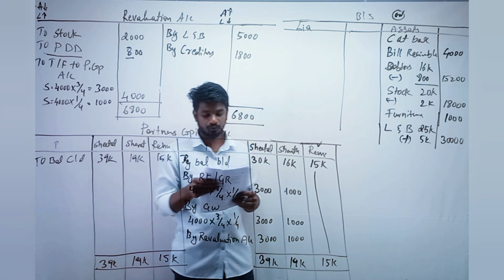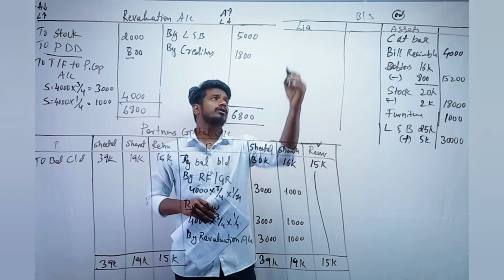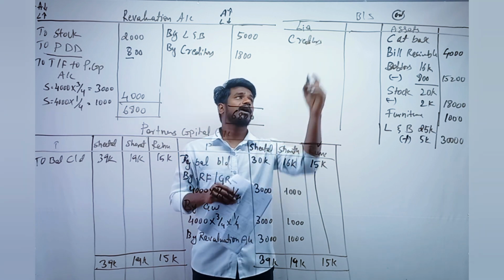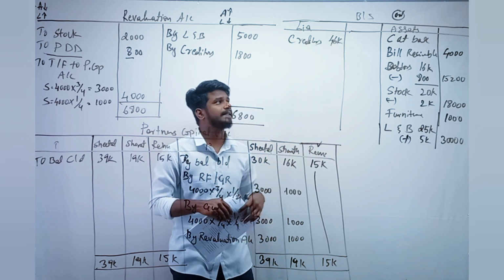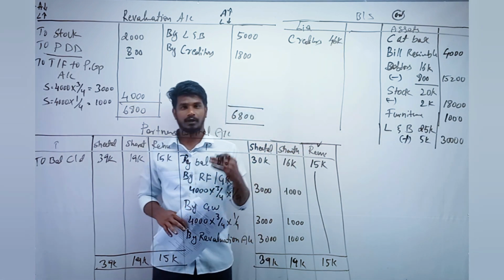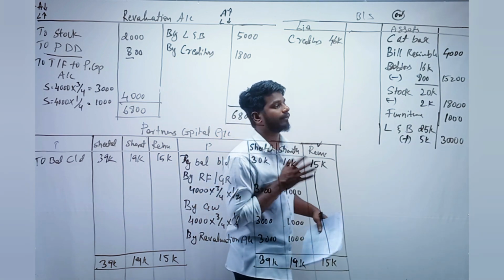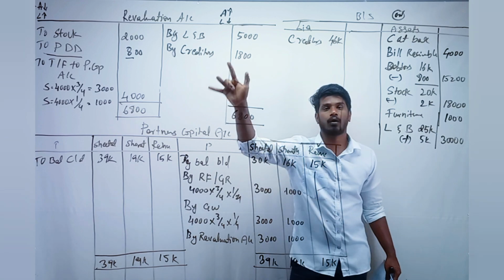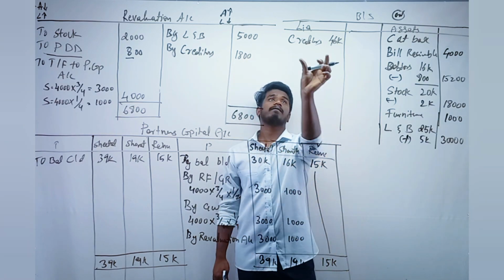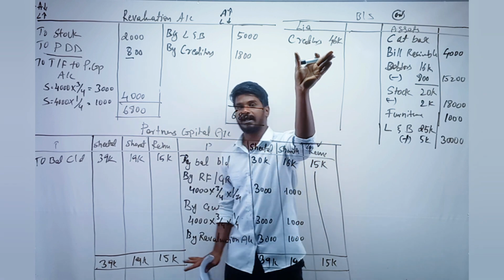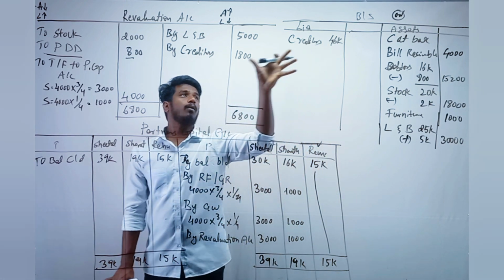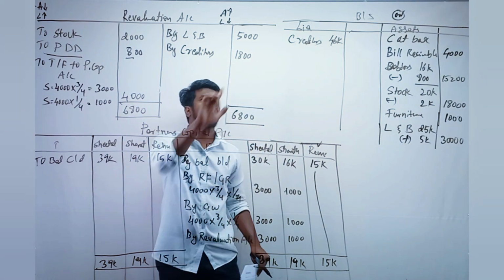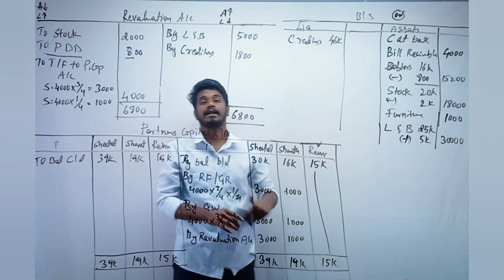So we need to move towards the liability side. The first thing, we have creditors. Creditors are 46,000, correct. Do we have anything in the revaluation account? Obviously we have creditors on the credit side of the revaluation account, but we are recording it on the debit side, so it is opposite.